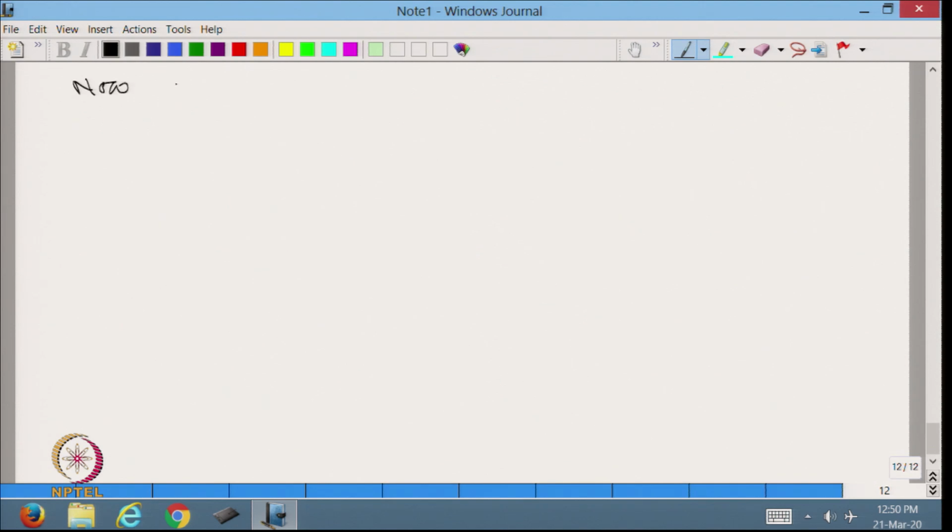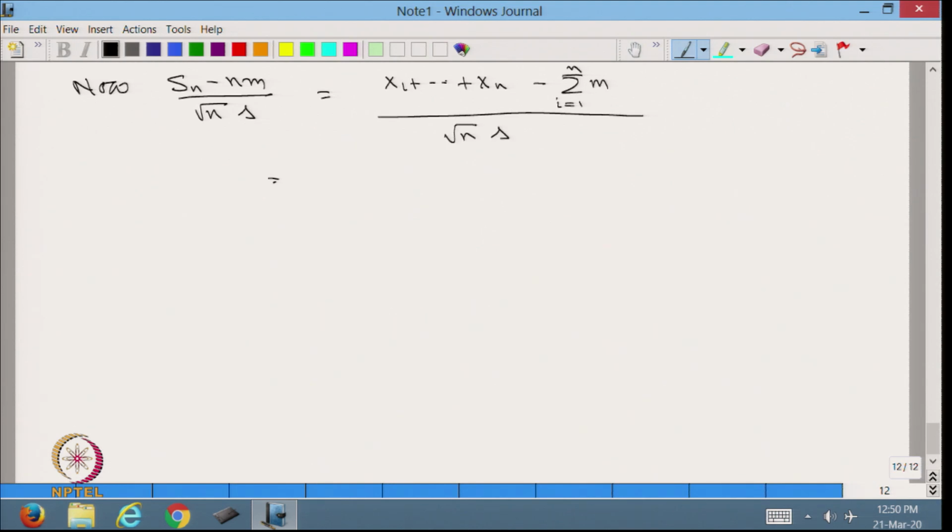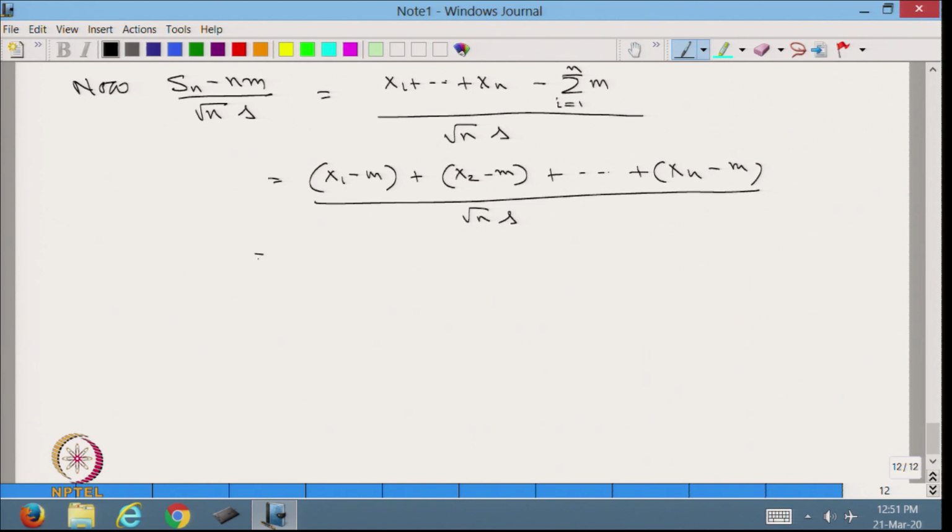Now, Sn minus nm upon root n s is equal to the sum of Xi, i equal to 1 to n, minus nm, divided by root n s, which is equal to X1 minus m plus X2 minus m plus Xn minus m upon root n s, which is equal to X1 minus m upon root n s plus X2 minus m upon root n s plus Xn minus m upon root n s.